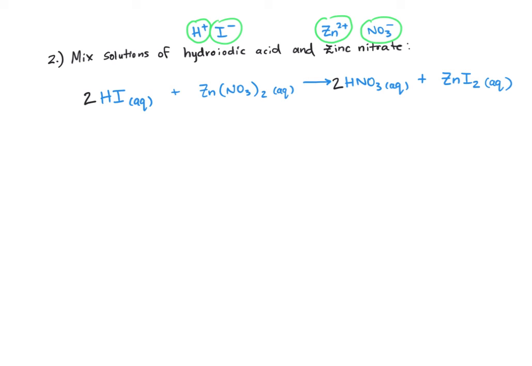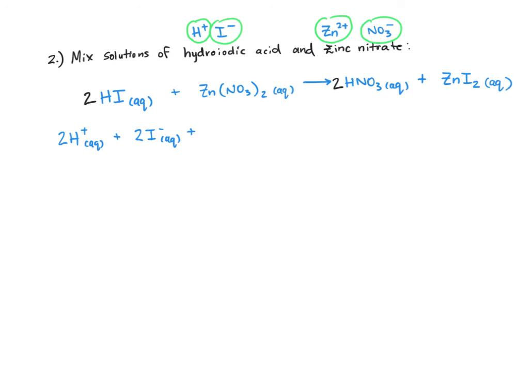Next, anything that's soluble can be broken up into its respective ions because, by virtue of being soluble, these things exist not in their intact form, but in their ionic form. Hydroiodic acid is a strong acid. It will break up into H+ cations and I- anions. Again, I'm carrying through the coefficient that was in front of the original molecule in the top balanced reaction.